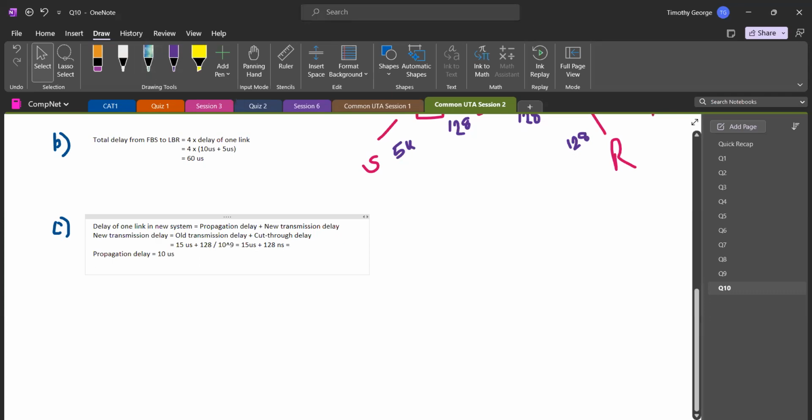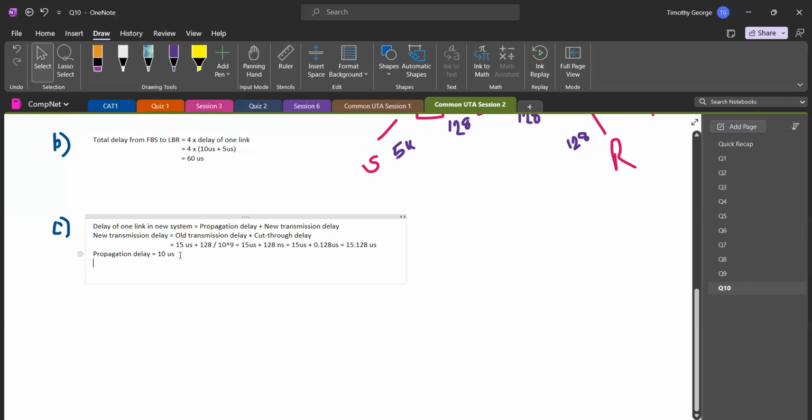We could write it as 15 microseconds plus, so nanoseconds we could convert it to micro. It's going to be 0.128 microseconds because 10 raised to minus 9 nanoseconds, we add 3 more and we get microseconds. So this total is going to come to 15.128 microseconds.